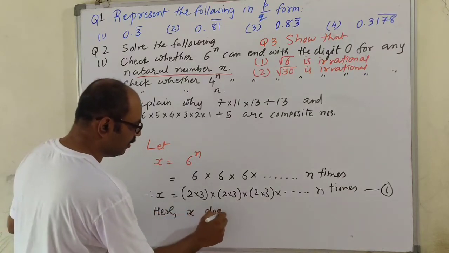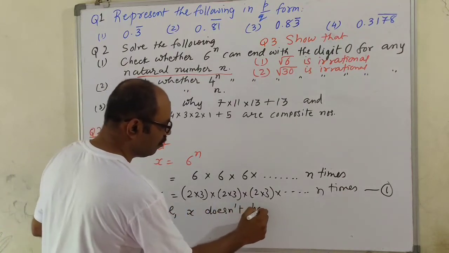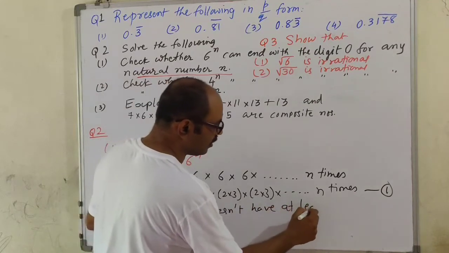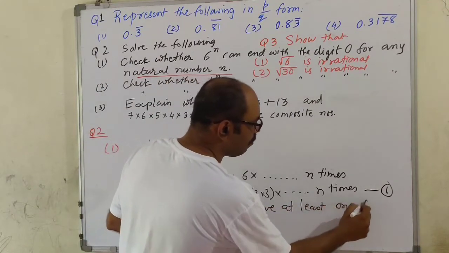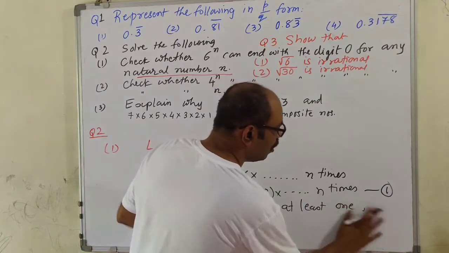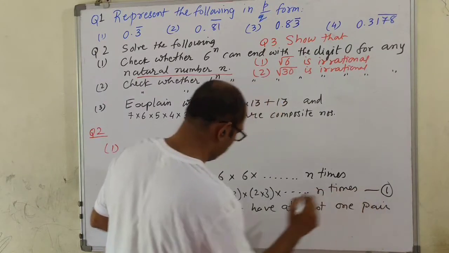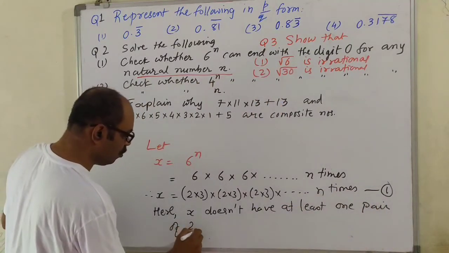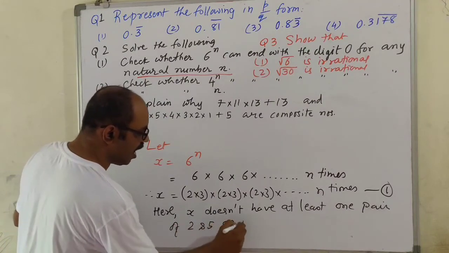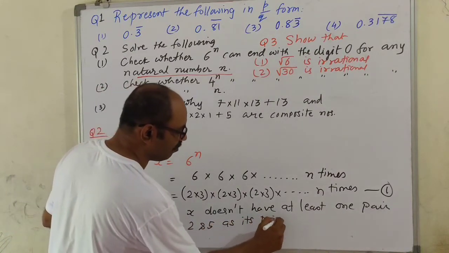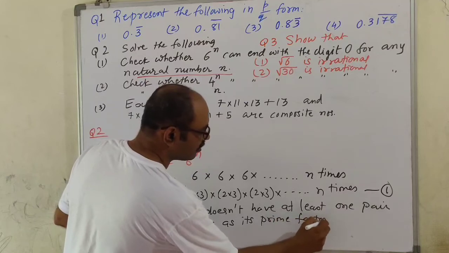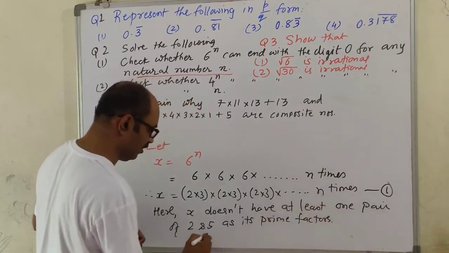Here x doesn't have at least one pair of 2 and 5 as its prime factors.